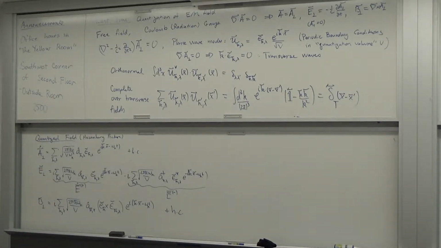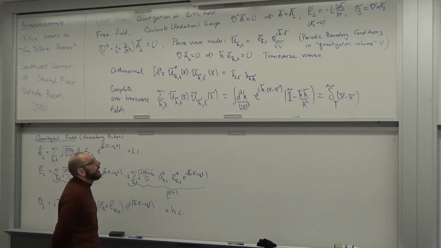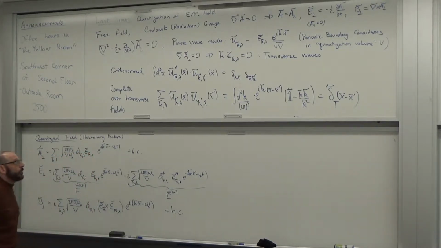So we look at plane wave modes inside this quantization volume with some polarization vectors that have to be transverse to the wave vector, right?